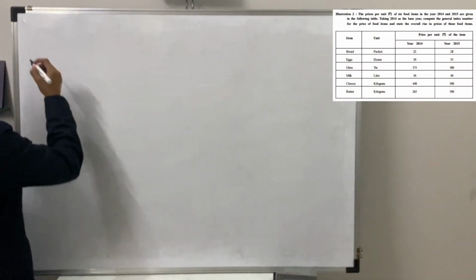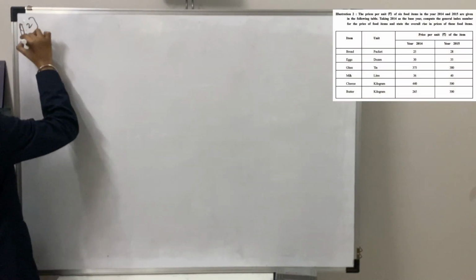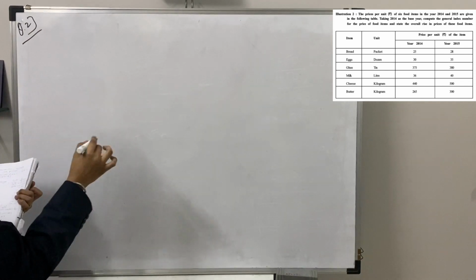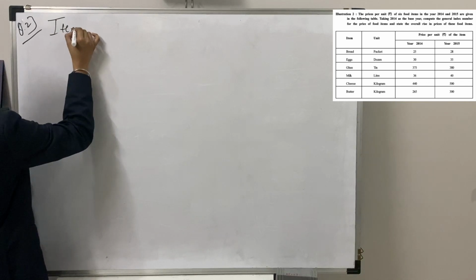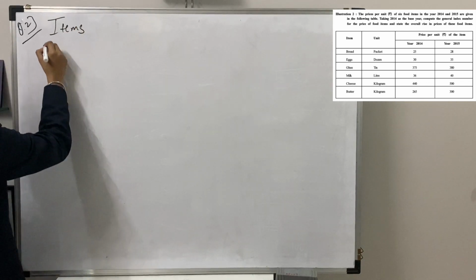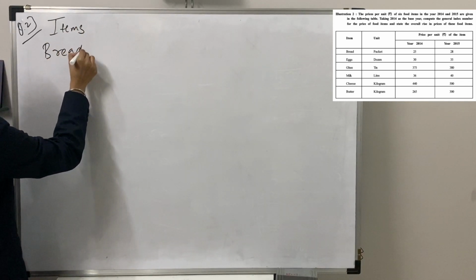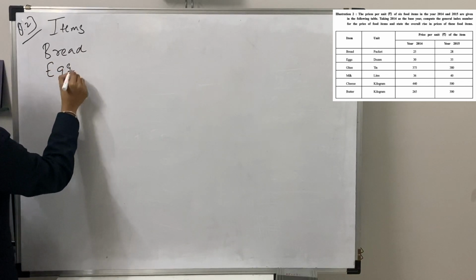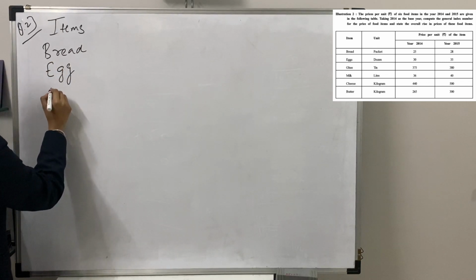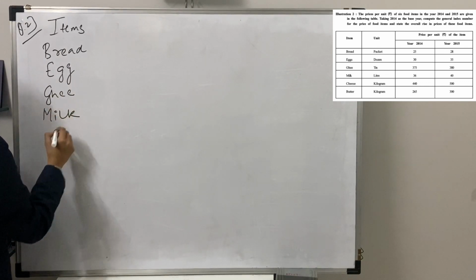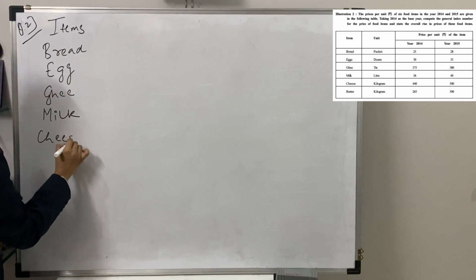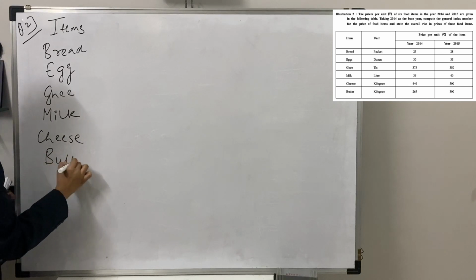Now we'll move on to illustration number 2, where we are given the base price as well as the current year price. The items given in the question are bread, the next is your egg, third is your ghee, fourth is your milk, fifth is your cheese, and the last one is your butter.